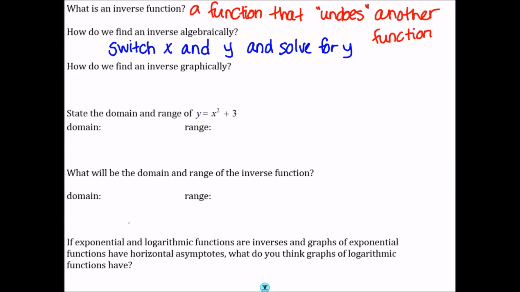We took a coordinate point and switched the x and y coordinates. So we started with the point (x, y) and we switched it so that it was the point (y, x). Or we could also think about reflecting over the line y equals x.